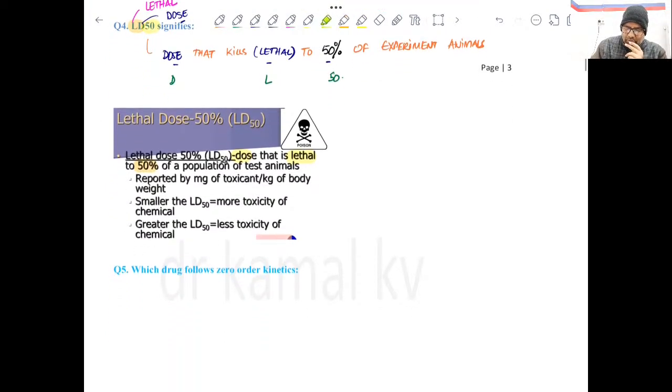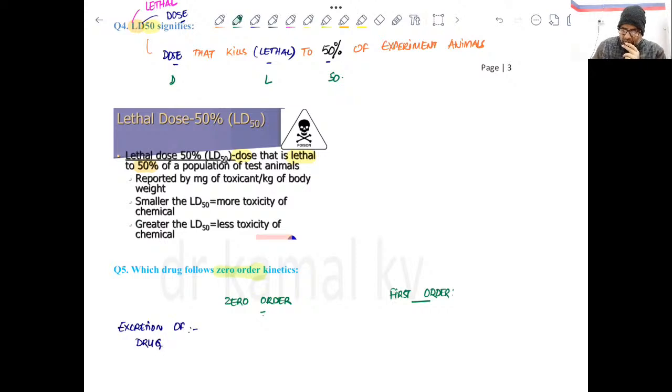Now moving forward to zero order kinetics. So there are two terms, zero order kinetics and first order kinetics. So if we write zero order and here first order, and the difference is in terms of excretion of drug.